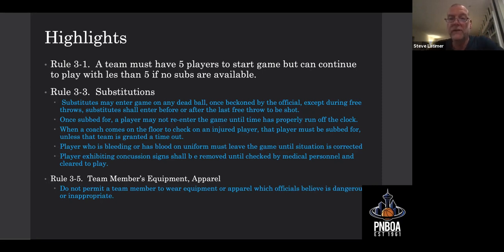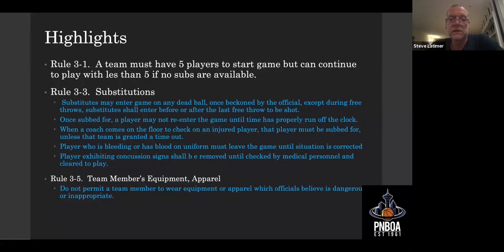But you don't need 5 to finish, right? You can technically finish with 1 if it could be demonstrated to you that they could possibly win the game. But most likely you probably have at least 2 players out on the floor to be able to do that, but you do not need 5 players to finish the ball game. Are we clear with that?